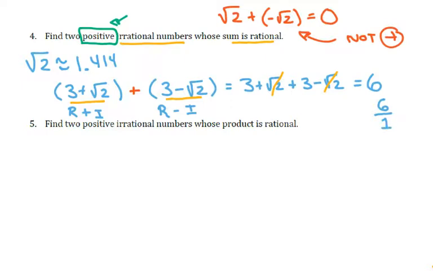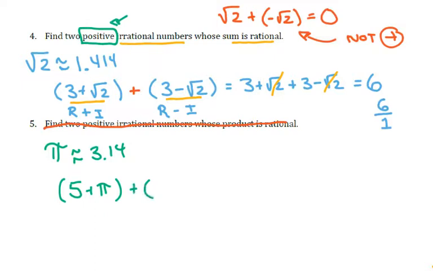So you could use another number. Let's do some more examples before we do this one. Maybe we could use pi. Pi is about 3.14. So I could say, how about 5 plus pi plus 5 minus pi. These are both irrational numbers.